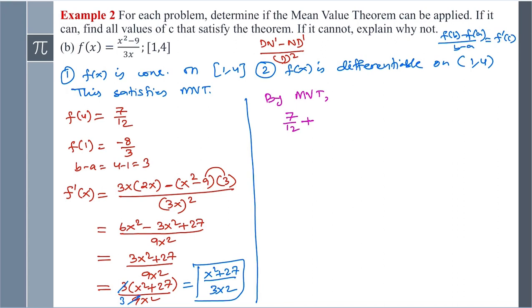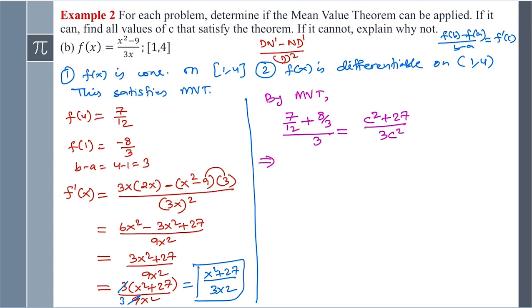It's negative, so that becomes plus 8 over 3, divided by b minus a, which is 3. That equals our derivative, x squared plus 9 over 3x squared. So f prime of c means we just replace x with c: c squared plus 9 over 3c squared.